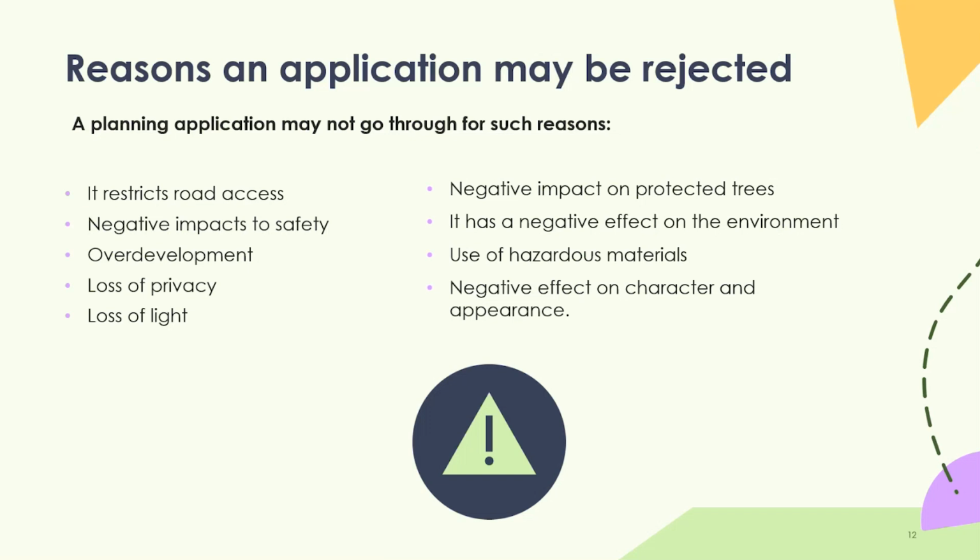It could restrict your road access, negative impacts on safety, could be considered overdevelopment, loss of privacy, loss of light, negative impact on trees, generally on the environment, use of hazardous materials, the character and appearance of the locality, as some examples of why an application may be rejected.